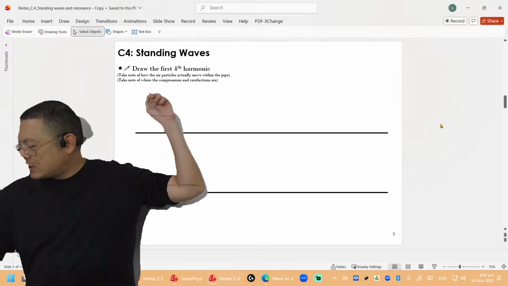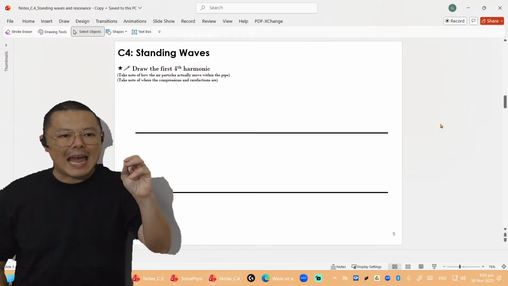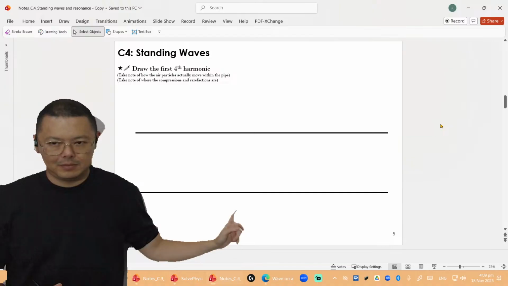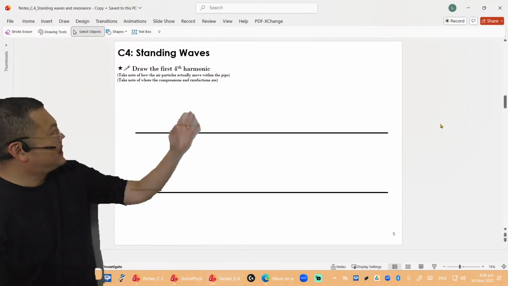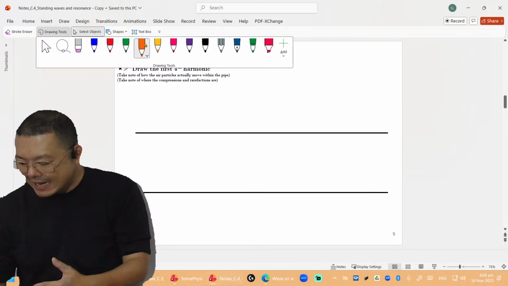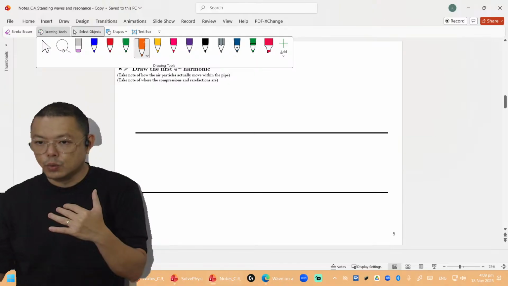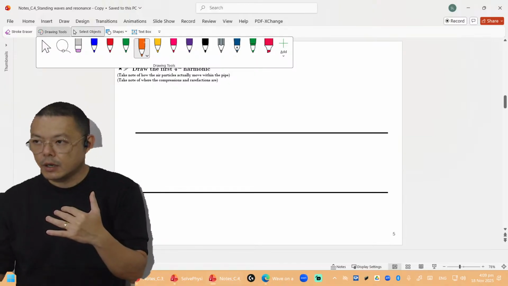I know it says draw the fourth harmonic. I'm not going to do that. I'm going to tell you this: there's some sand at the bottom, and there's a fourth harmonic passing through. So I'm going to draw the sand for you. Fourth harmonic means what? Two full waves.